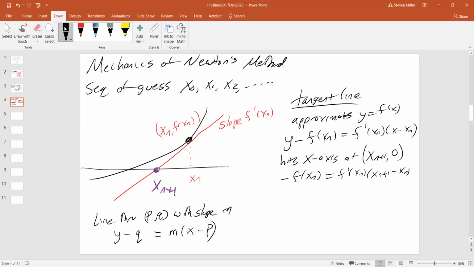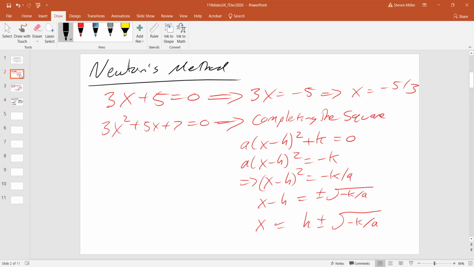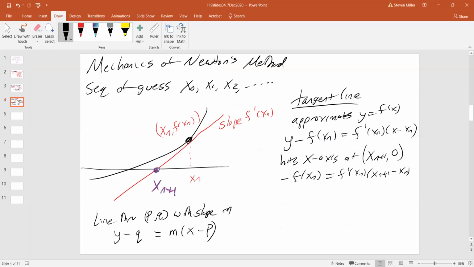And if you look at this, it's very similar to what we did a few moments ago when we were trying to solve equations. We first bring the 5 over, then divide by the 3. We do very similar analysis here. So we get negative f of xn divided by f prime of xn is xn+1 minus xn.